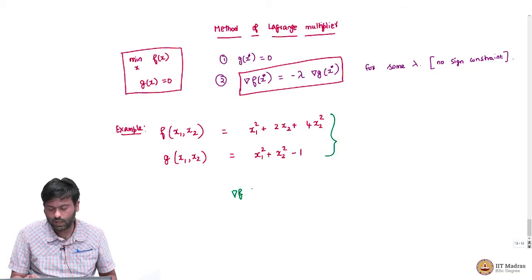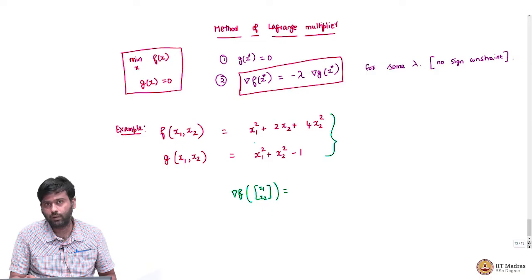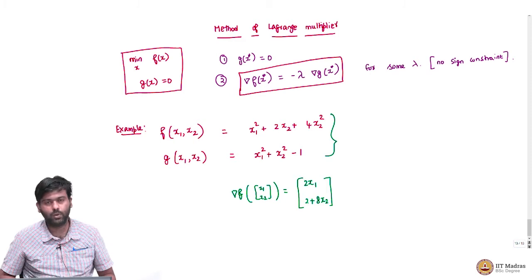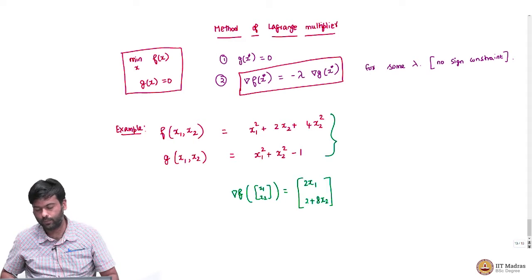For any x1, x2, del f is simply the partial derivative with respect to x1 in the first component and the partial derivative with respect to x2 in the second component, which happen to be 2x1 and 2 plus 8x2. This would be the gradient at any point x1, x2.